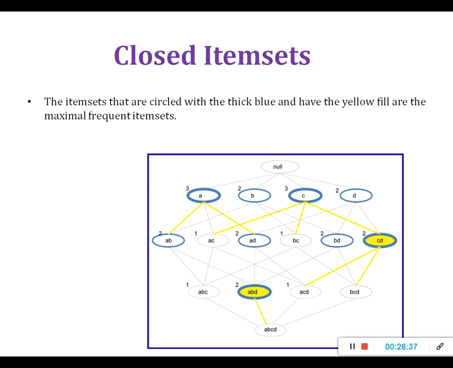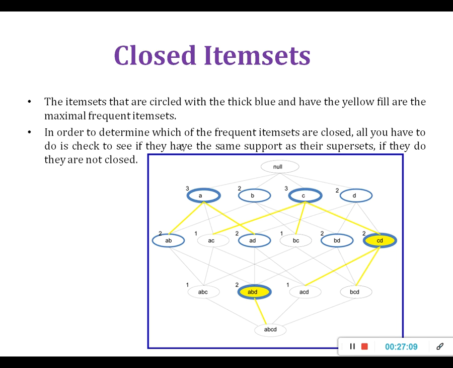For example, A has 3 supersets. From those 3, 2 are frequent, 1 is not frequent. Still A is not a maximal frequent item set. But CD has only 2 supersets, and both are not frequent, and that's why we are calling CD a maximal frequent item set. So this is all about the maximal frequent item set.